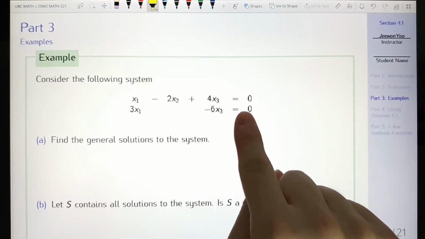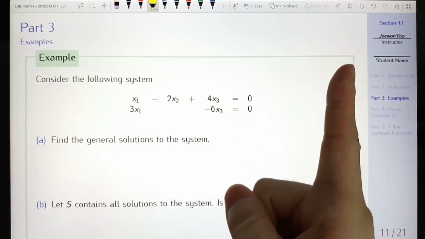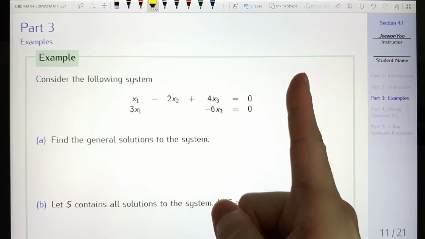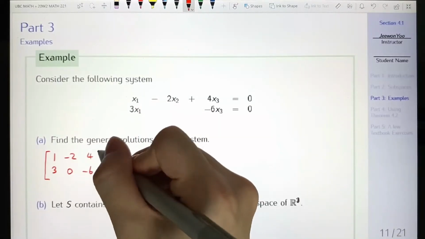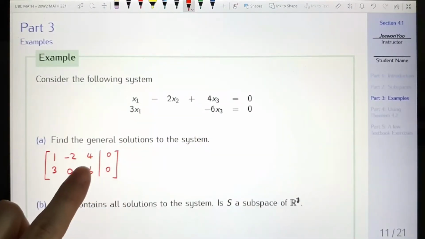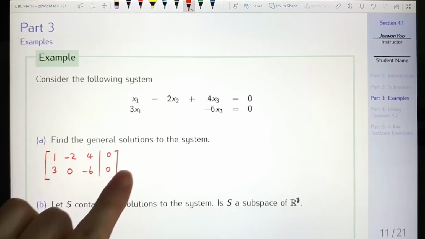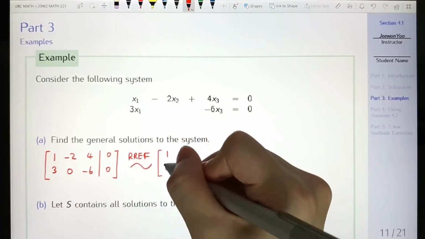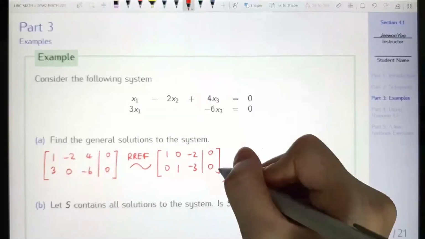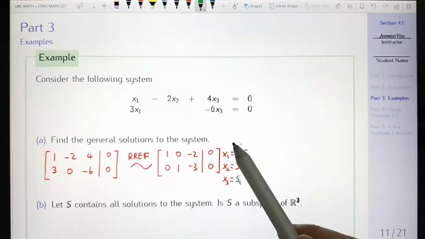Because it's a homogeneous equation, we have either trivial solution 0, 0, 0, or we have infinitely many solutions. So let's find out using augmented matrix and reduced echelon form. Okay, here's our augmented matrix, and you can pause the video and check my reduced echelon form with yours. There you go, everyone.